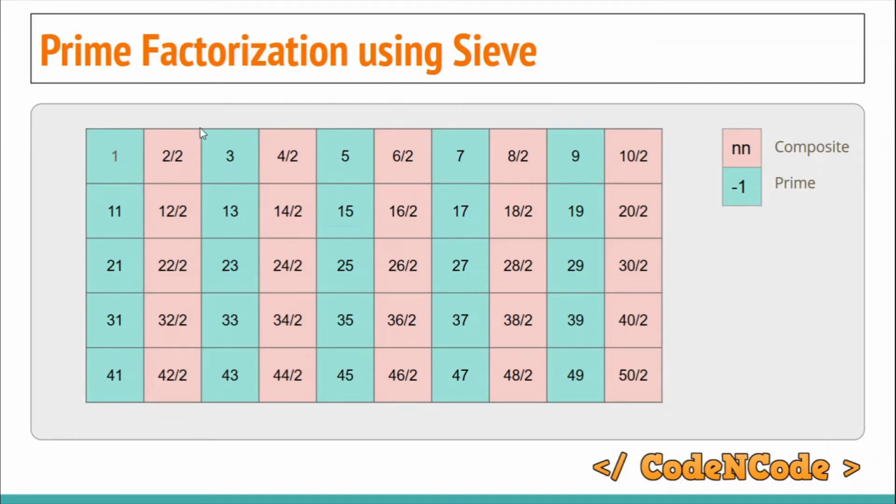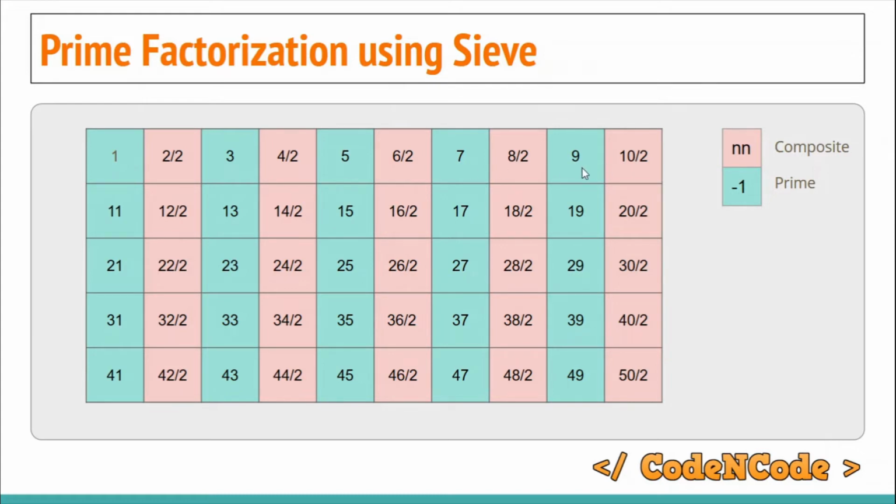Now our pointer increments. Now we are at 3. Since at 3 we also have -1, 3 must be a prime number as well. So starting from 3, we would go to all its multiples, and if there is -1, we would replace that by 3. So we would go to 3 and replace it by 3 because there is -1. We would go to 6 and we would not do anything because here it is not -1 but 2, so we would not change it.